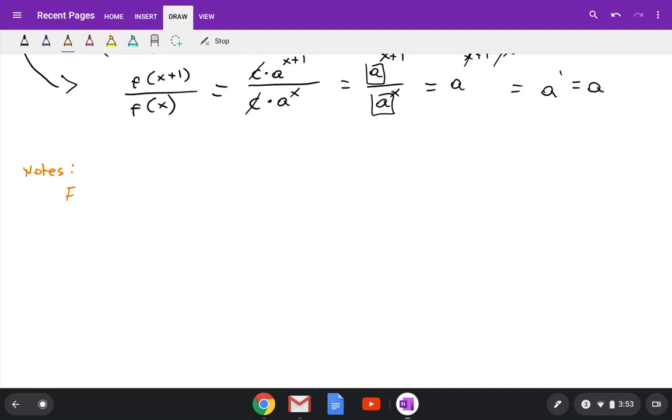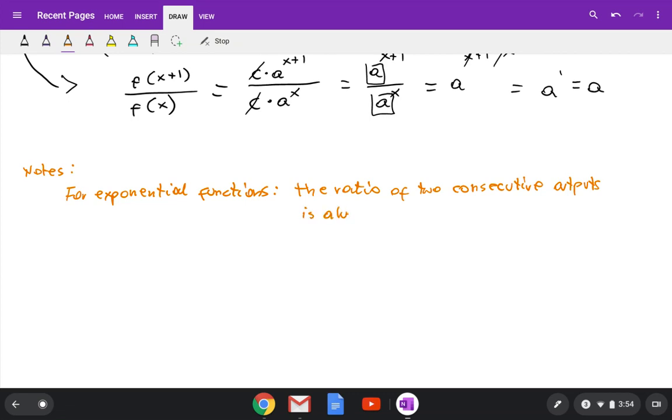For exponential functions, the ratio of two consecutive, next to each other, outputs is always the same and equal to a, which is the base of the exponential function.